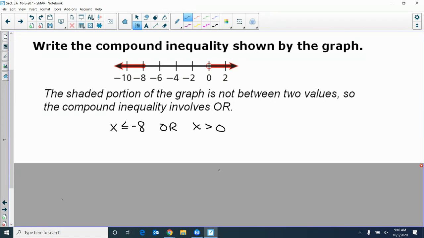Oh, I think it just froze on me. Typical. All right. We'll take a look at that next one. See if you can figure out what that is.